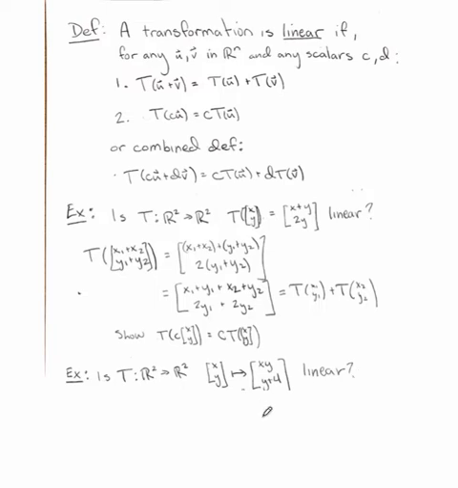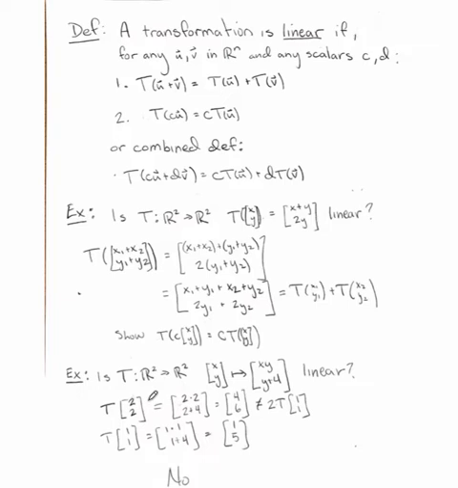There's a couple of things we could do here. What I'm going to do is say T(2, 2), which is going to be 2 times 2 over 2 plus 4, which is (4, 6).